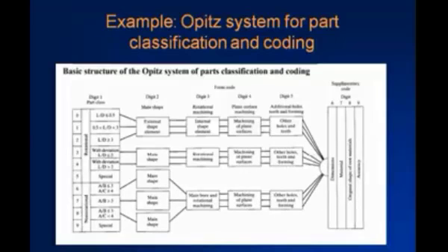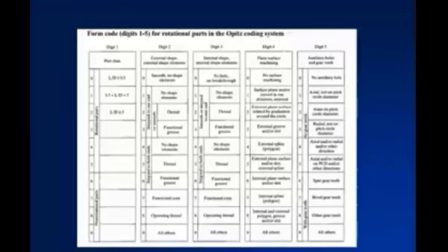So this is the OPITZ system, and the details of these codes are that digit 1 is, as I said, about the length to diameter ratio and about the sizes. The second digit is external shape elements, where we need a smooth or no shape element. If digit 2 is 2, then it means thread.